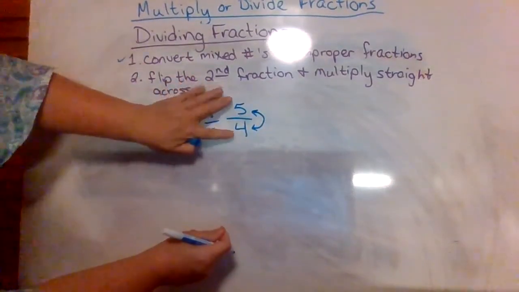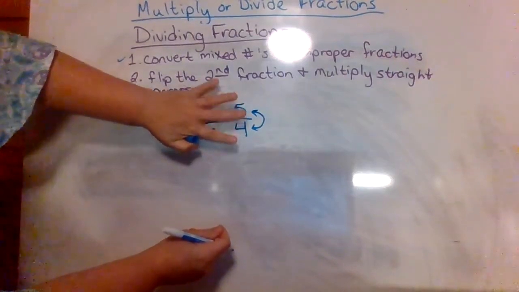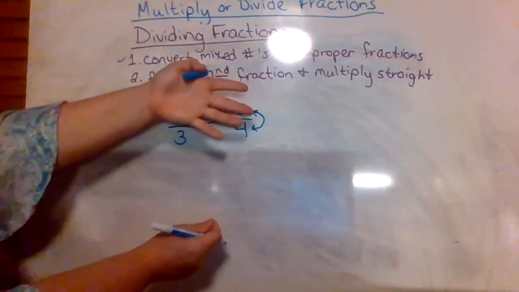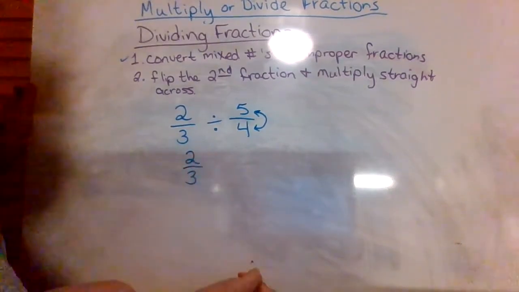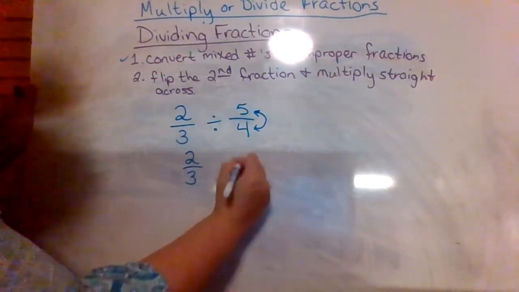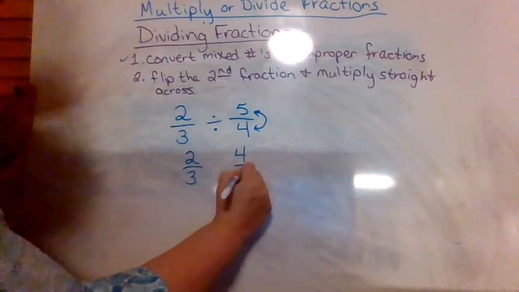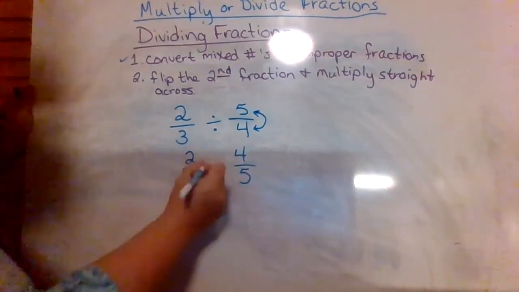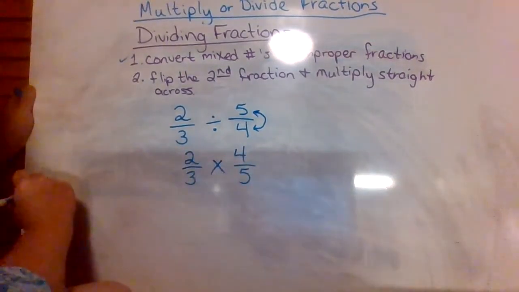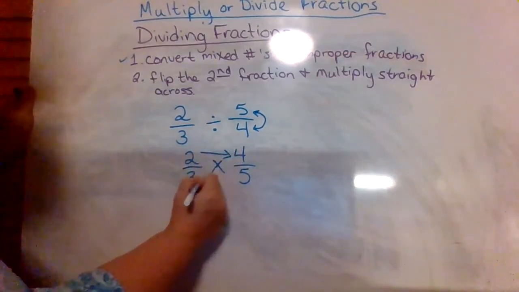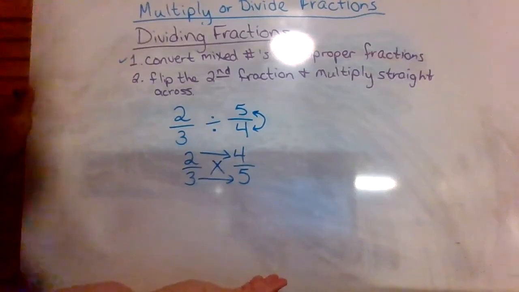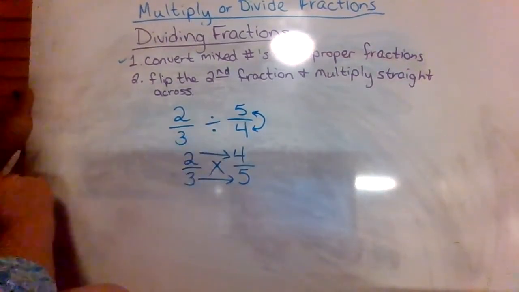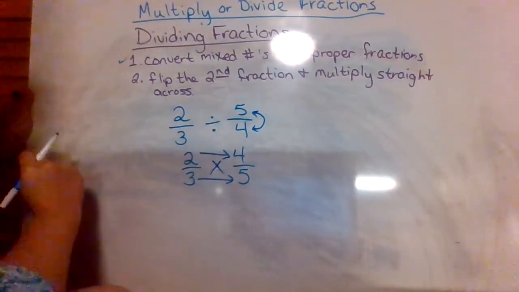If you could take this fraction off the board, you would take it off the board and you would flip it. So it's going to be 2/3. And instead of 5/4, it's going to be 4/5. And then we're multiplying. And you go straight across, just like we did with multiplying fractions. I told you it was almost identical. We just have this one extra step. You have to flip that second fraction.